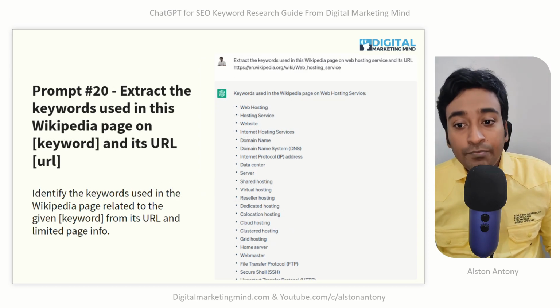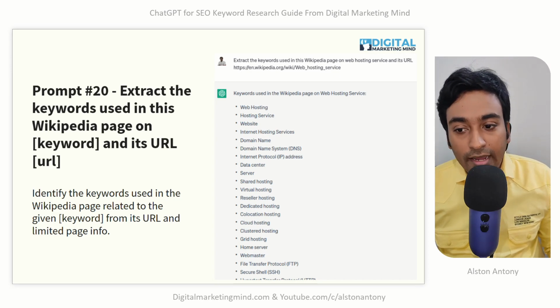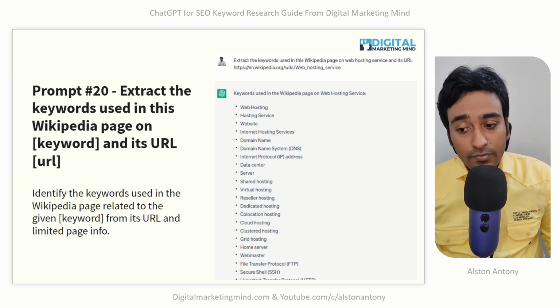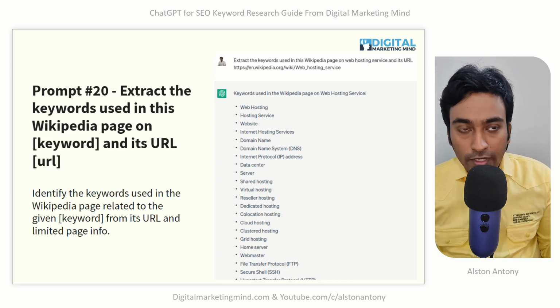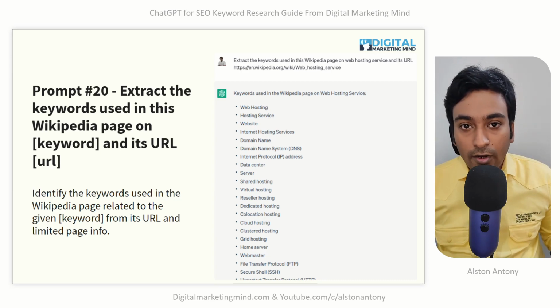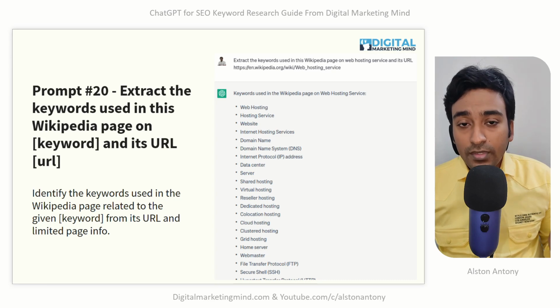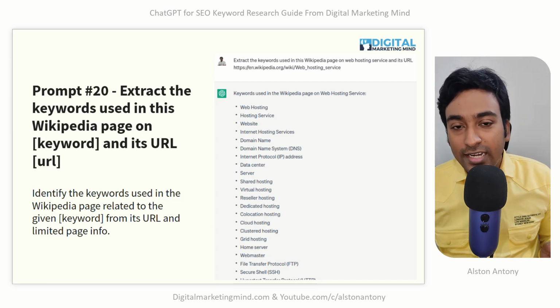Prompt 20: extract keywords used in this Wikipedia page on this particular topic, and its URL. So this is another cool feature, but it is limited. It will only have data on really popular pages, up until its creation date.